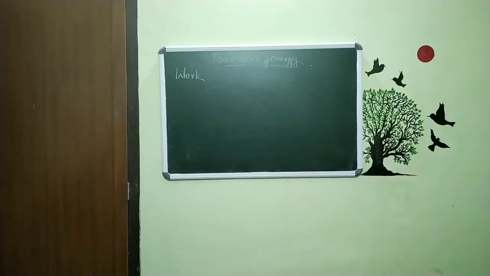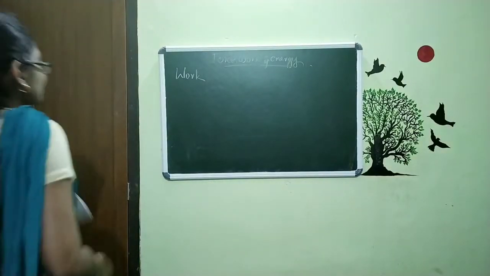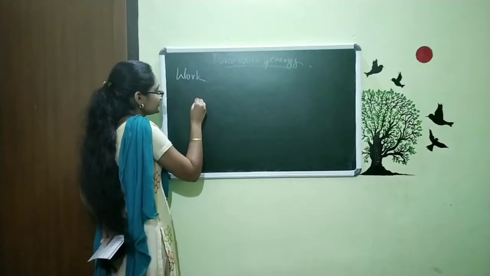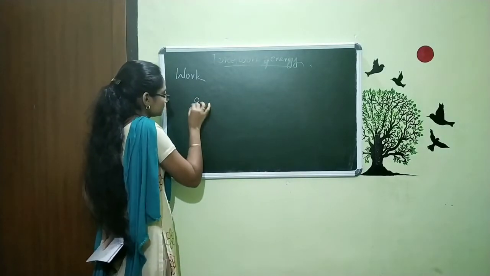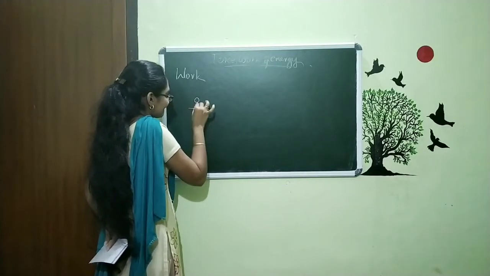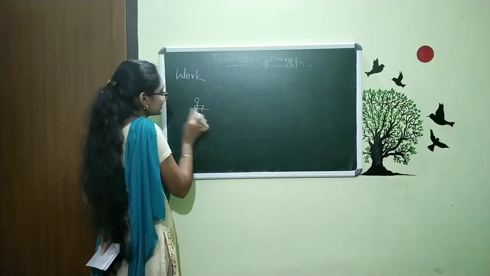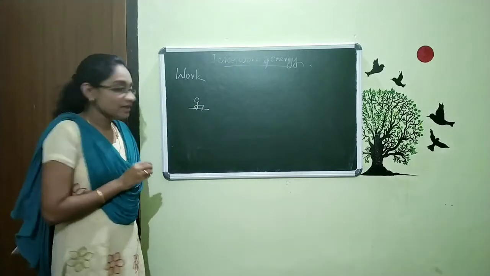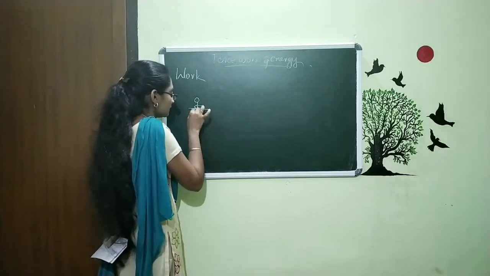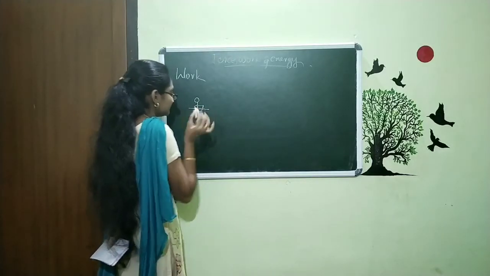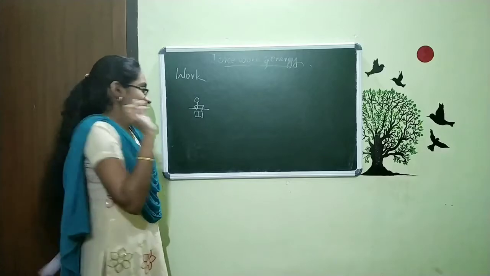What are the pictures you can see? The first picture is this. One child is sitting near a table and reading a book. So that is the first picture.